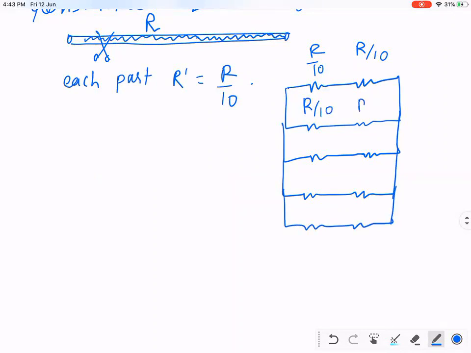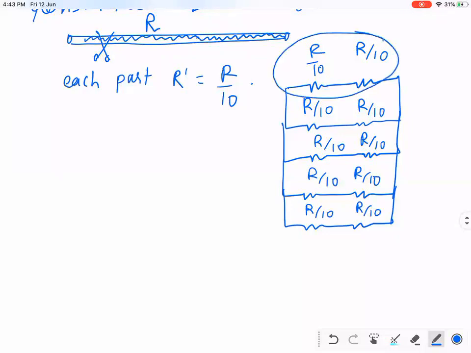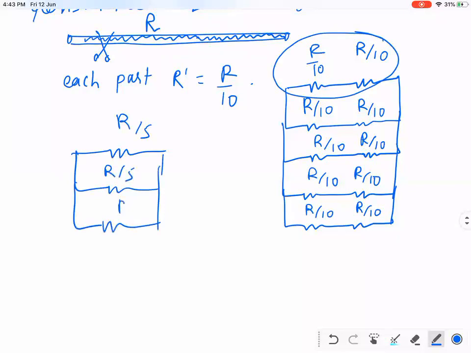R by 10 plus R by 10, so you will get R by 5, right? So you got R by 5 times.